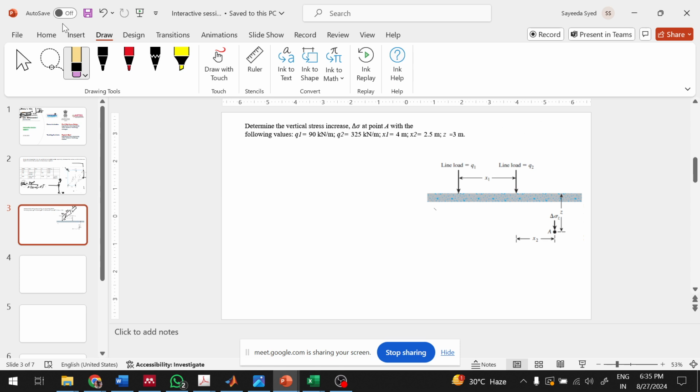Okay, so next Q2 we have, this is 90, this is 325.